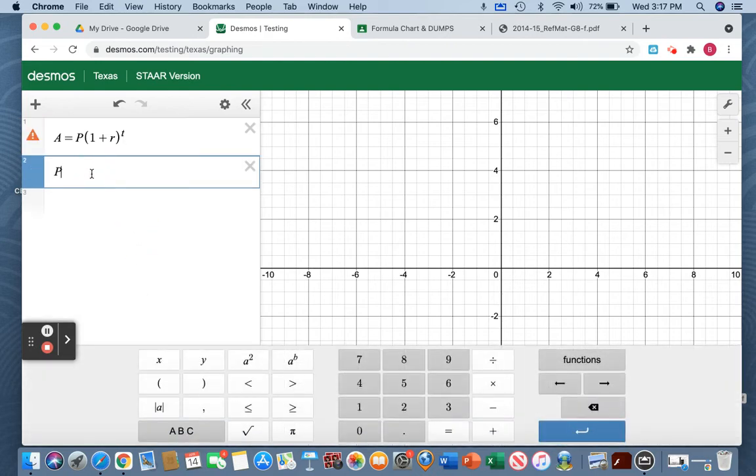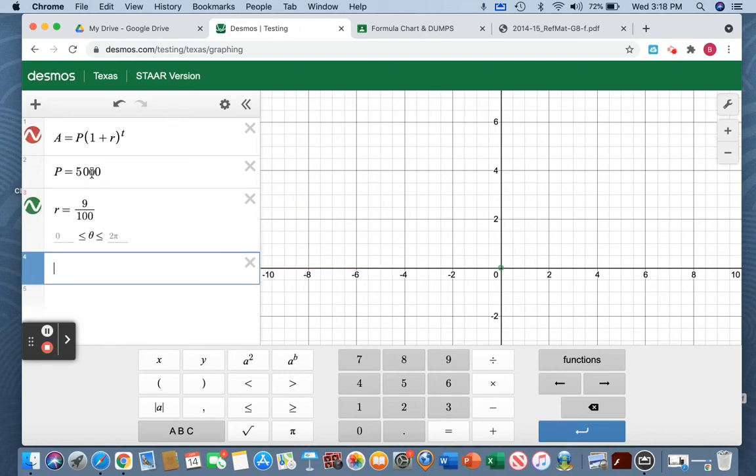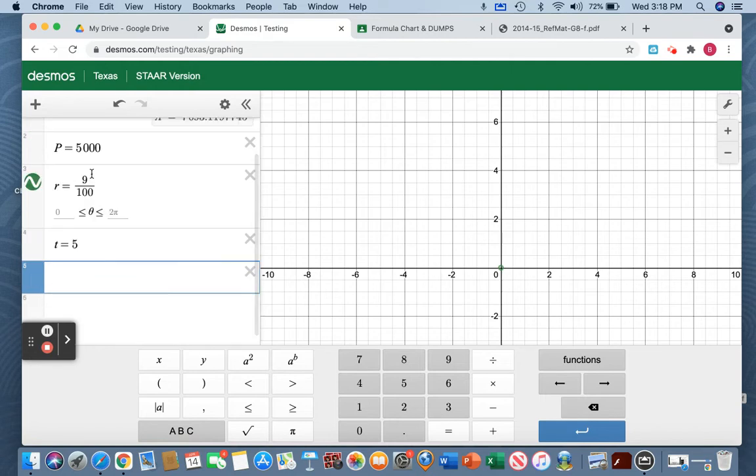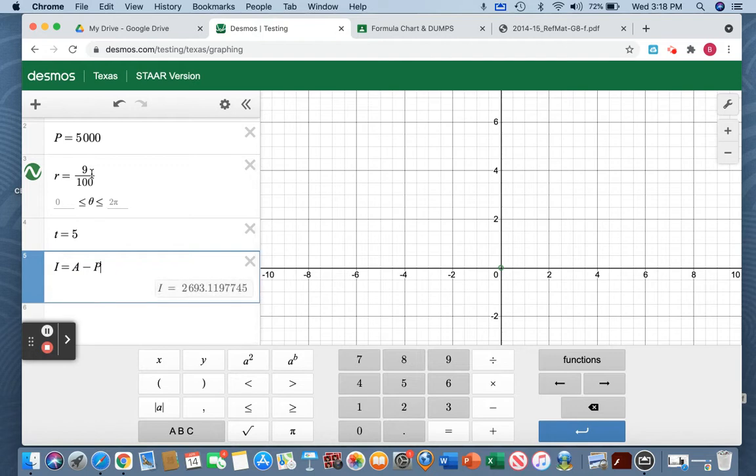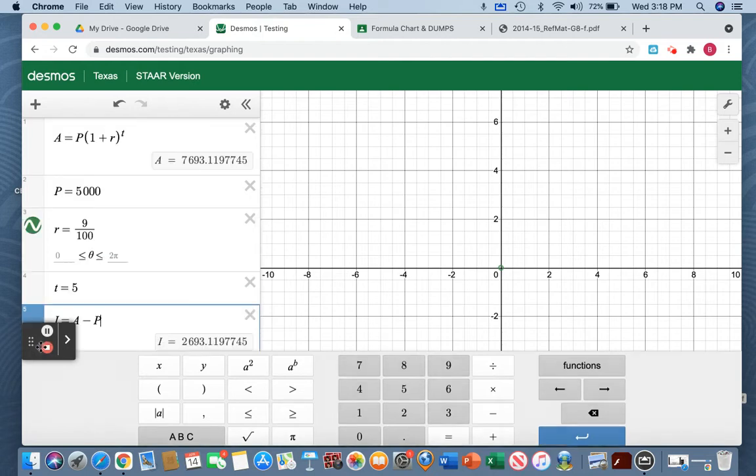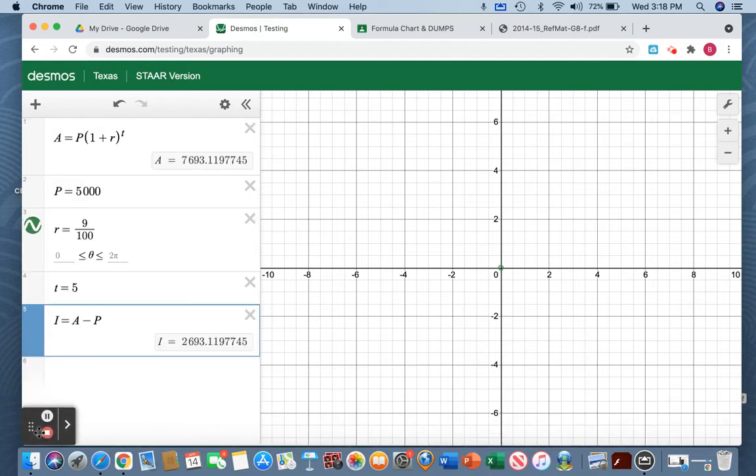Tell the calculator that P equals 5,000. Tell the calculator that rate is 9 over 100. T is 5. And then I'm going to put that I equals A minus P. And make sure your A's and P's are both capitalized, like you typed them in the first one, because if you don't, you get that ugly red exclamation point.